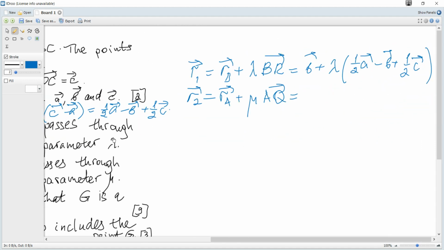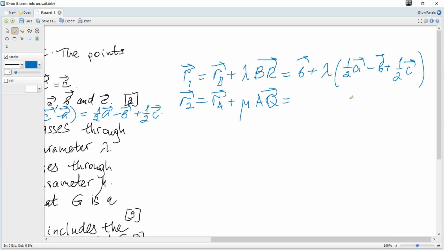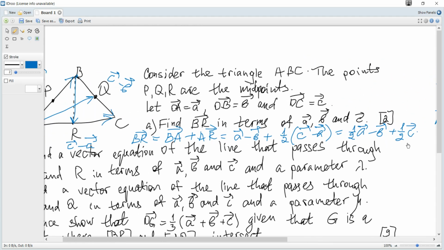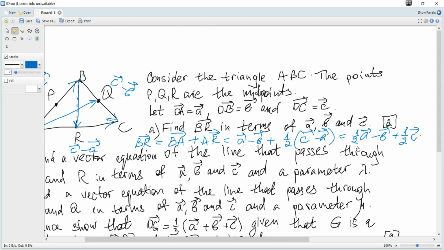Half b minus half c, and plus AC, which is c minus a.